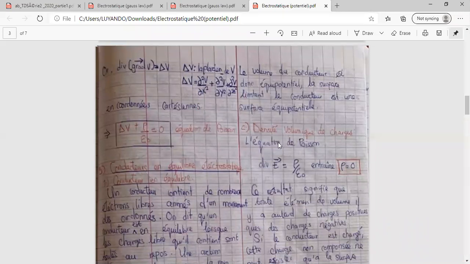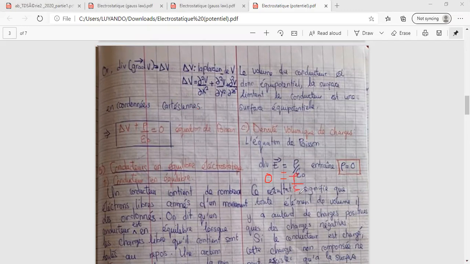From the Poisson equation, we have the divergence of E is equal to rho over epsilon 0. So if we have the divergence equal to 0, since our field is equal to 0, here is equal to rho over epsilon 0.